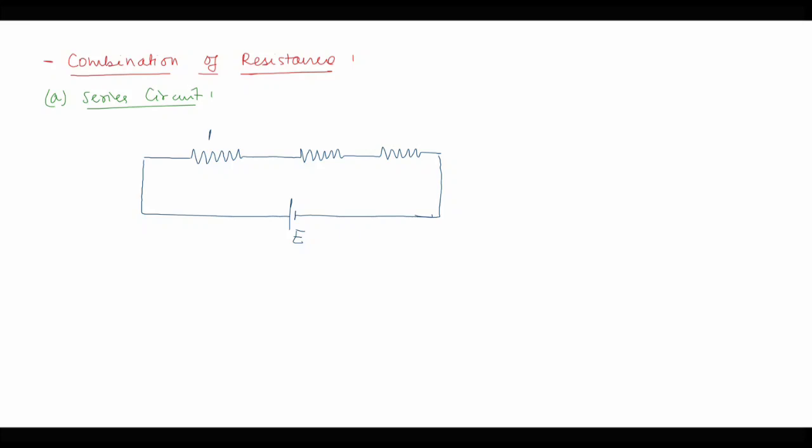The individual resistances here are R1, R2 and R3 respectively, and we want to reduce this circuit into a single equivalent resistance connected across this battery having EMF E, which we call RS. If I name the points A, B, C and D respectively, all the points in between are replaced, and in the equivalent combination we are left with A and D.